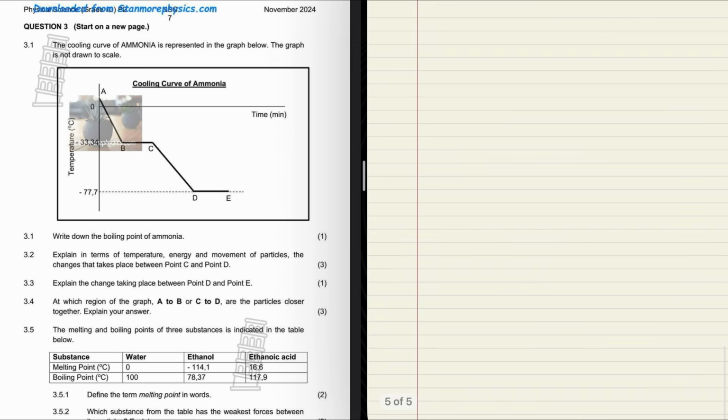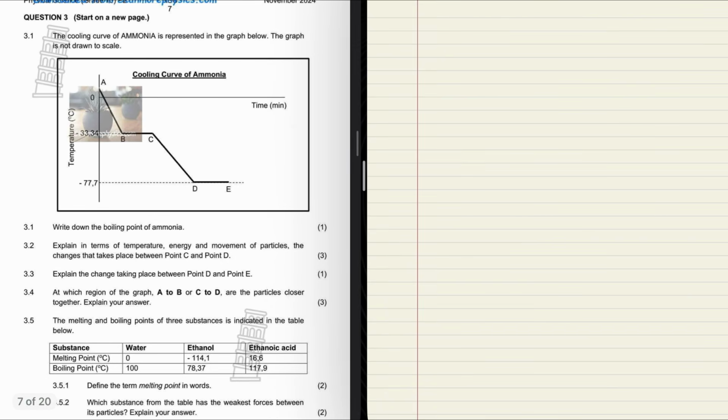Question 3. The cooling curve of ammonia is represented in the graph below. The graph is not drawn to scale. Question 3.1. Write down the boiling point of ammonia. Because this is a cooling curve, we won't necessarily have a boiling point. However, we should know that the melting point of a substance is the same as the freezing point.